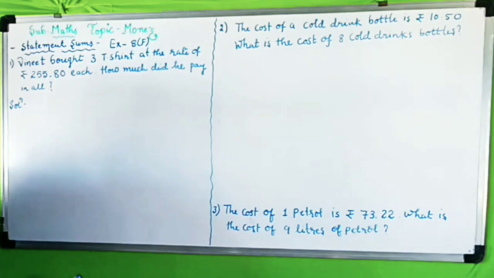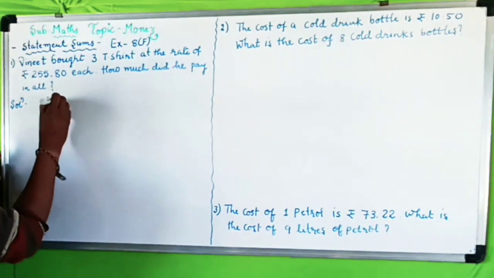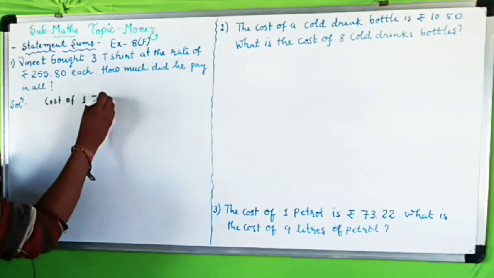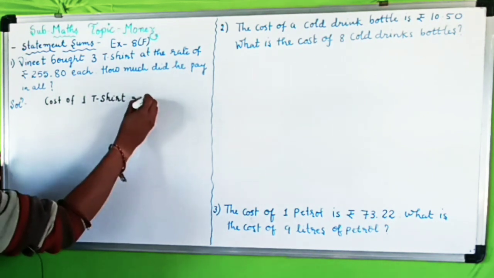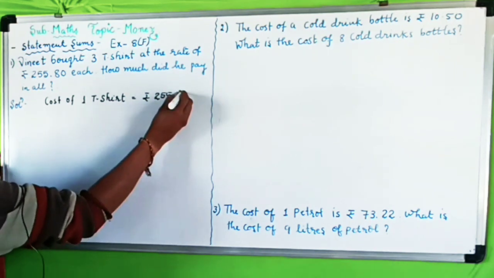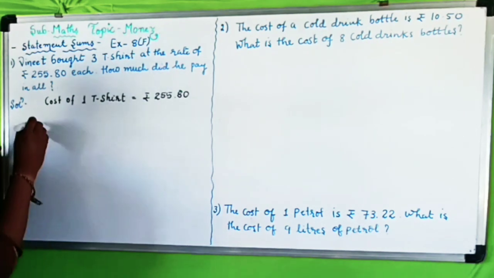Okay, then first of all we will write cost of 1 t-shirt equal to rupees 255.80, means rupees 255 and 80 paise.